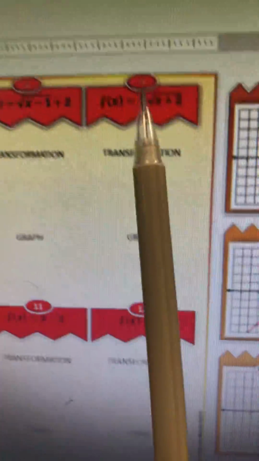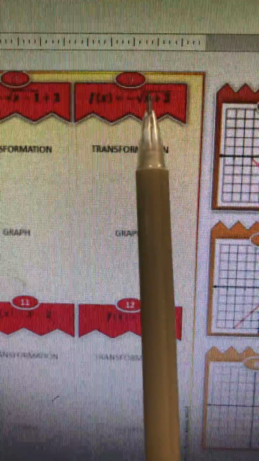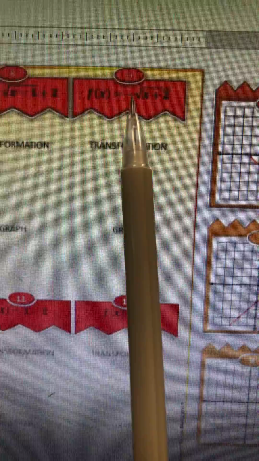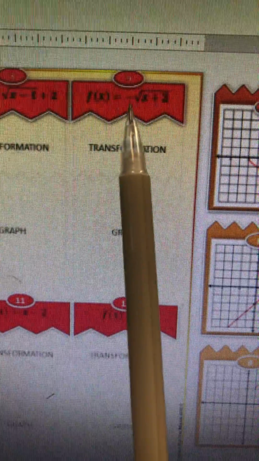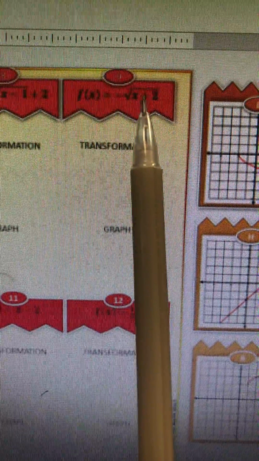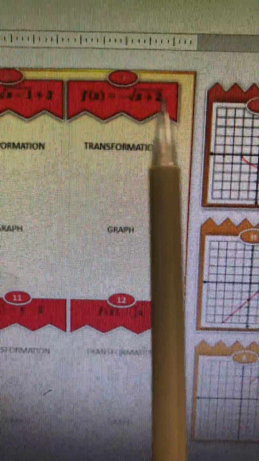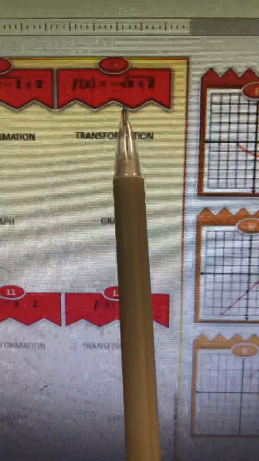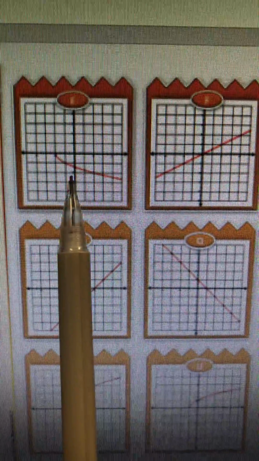Number 9, this is a reflection. That negative shows a reflection across the x-axis. And then we translate left 2. This is left 2. So that would be L. And then the graph of that is right here, E.